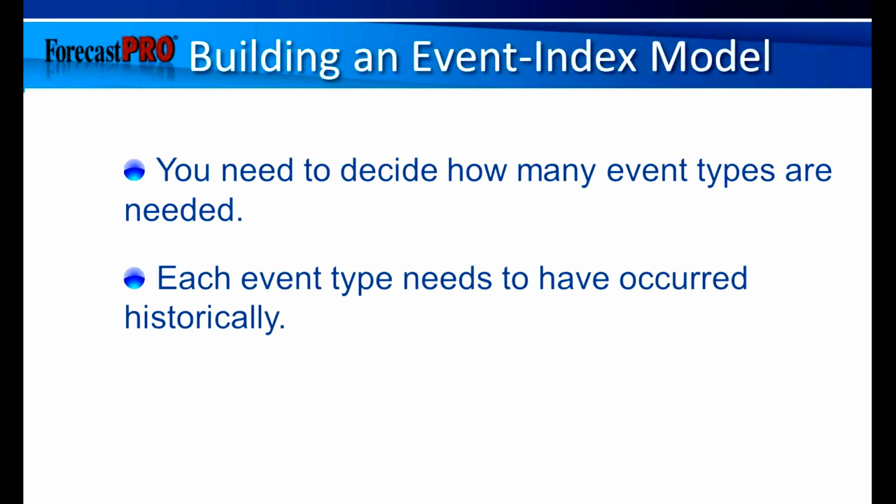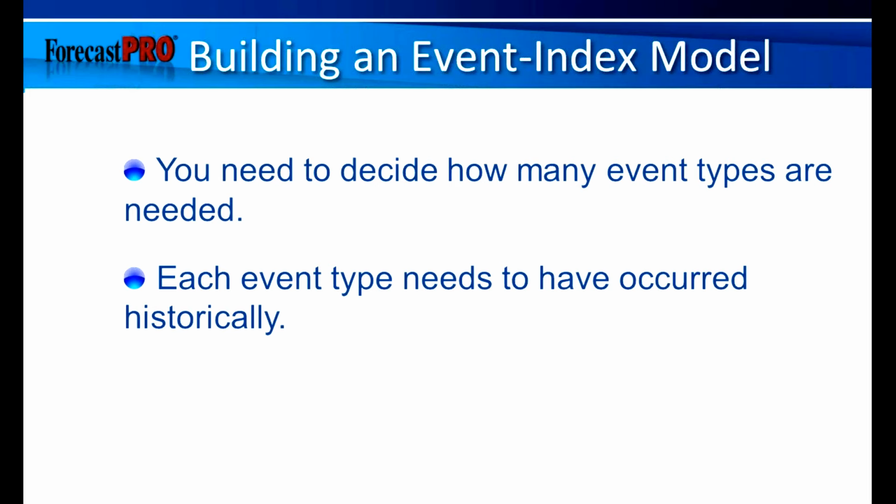Another important consideration when building an event index model: each event type needs to have happened historically. The only way to extrapolate from the past into the future is to have seen it in the past. If there's a new promotion planned in the forecast period, something that you've never run before, there are still a few things that you can do.